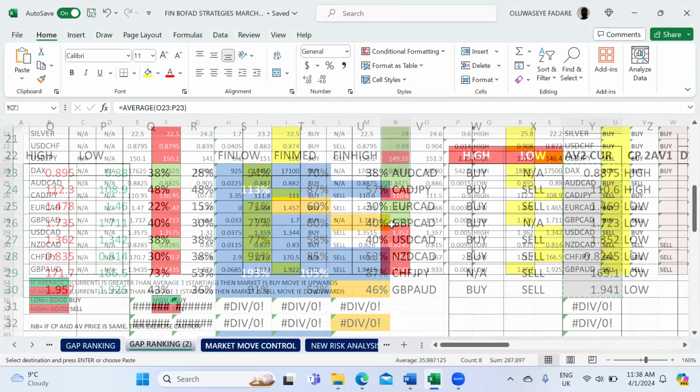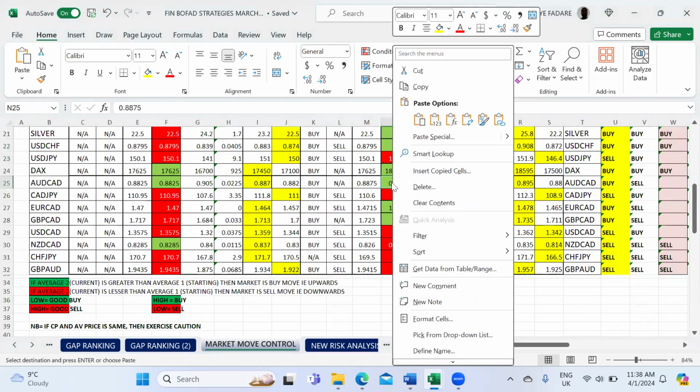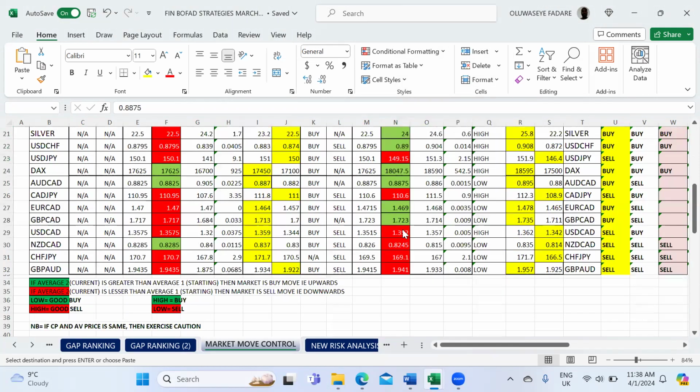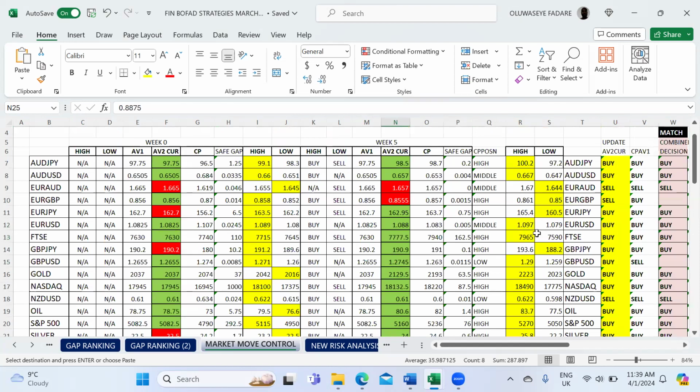So we paste that here as well at the bottom. Then we also have the highest and the lowest for the month on this side. Okay, the highest and the lowest for the month, we have them here.